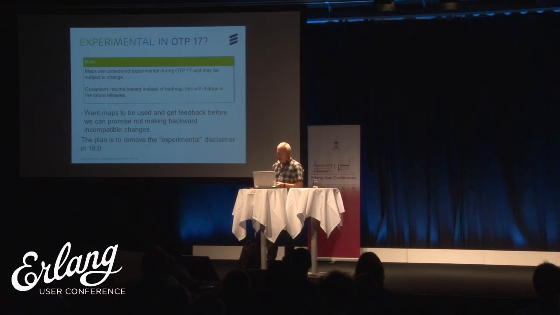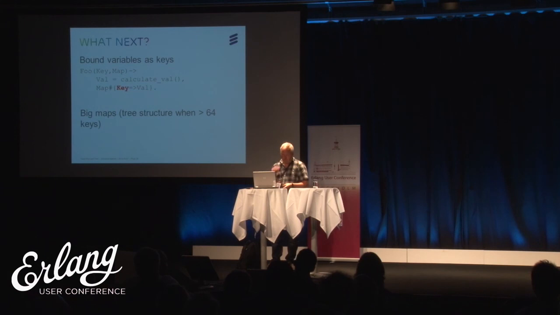And we have the plan to remove this experimental disclaimer in the next major release. And what will happen then? Of course, you will be able to have variables as keys, and that's not a big deal to implement actually.